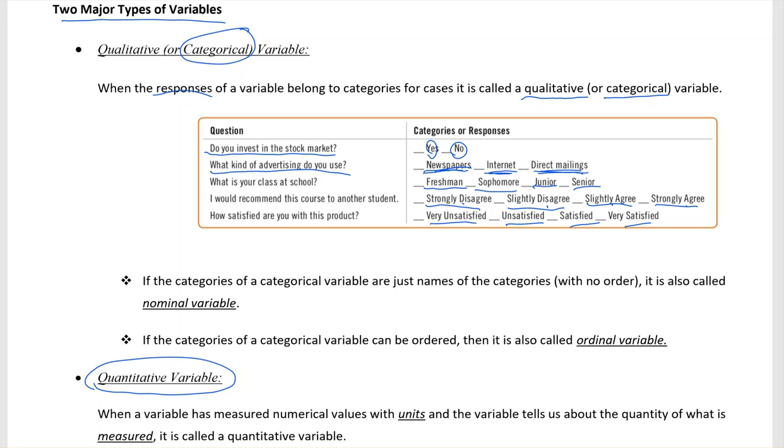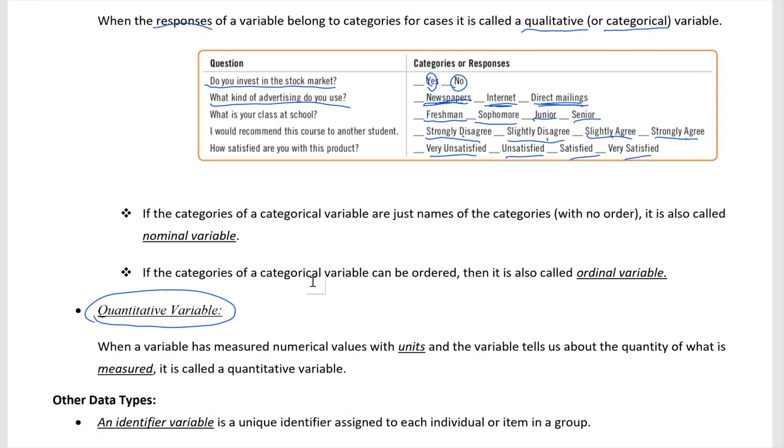All right, okay. For a categorical variable, there are two more detailed kinds of variables, right? So we say if the categories of a categorical variable are just the names of the categories with no order, then it is also called a nominal variable.